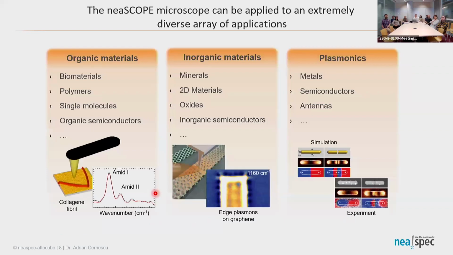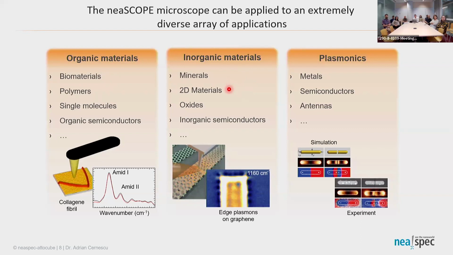Now, we are on the second part of the talk, and here I want to present some applications of this technology on different classes of materials. I'm not going to speak about all of them, just to highlight it's possible, of course, to measure organic materials, as I presented on polymers, but also biomaterials, organic semiconductors. Some people are interested in inorganics, in oxides, minerals, 2D materials.